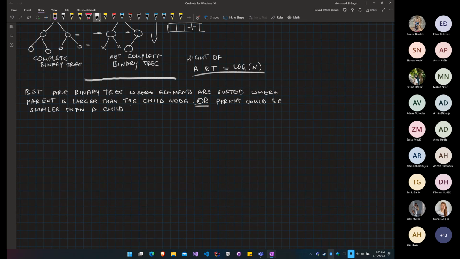Let me write this down so nobody gets confused. Depending on the sorting order, you may or may not allow duplicate elements.